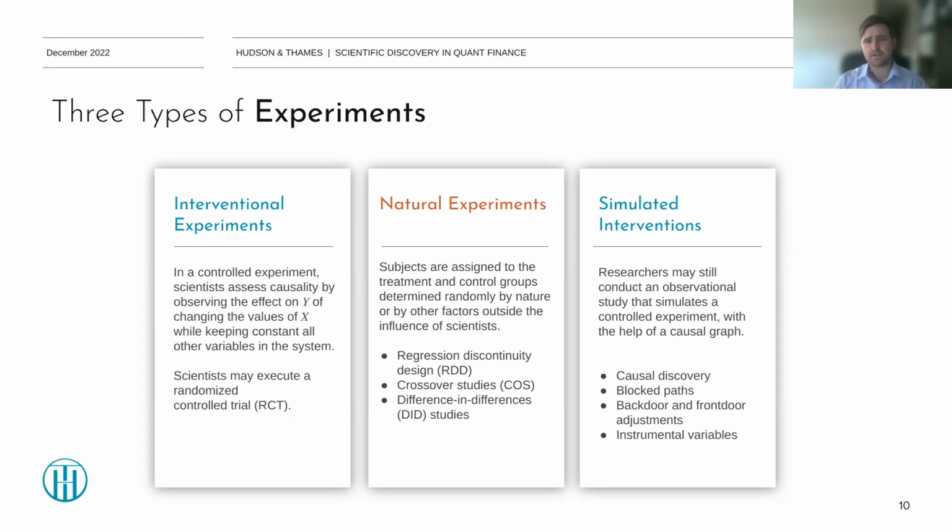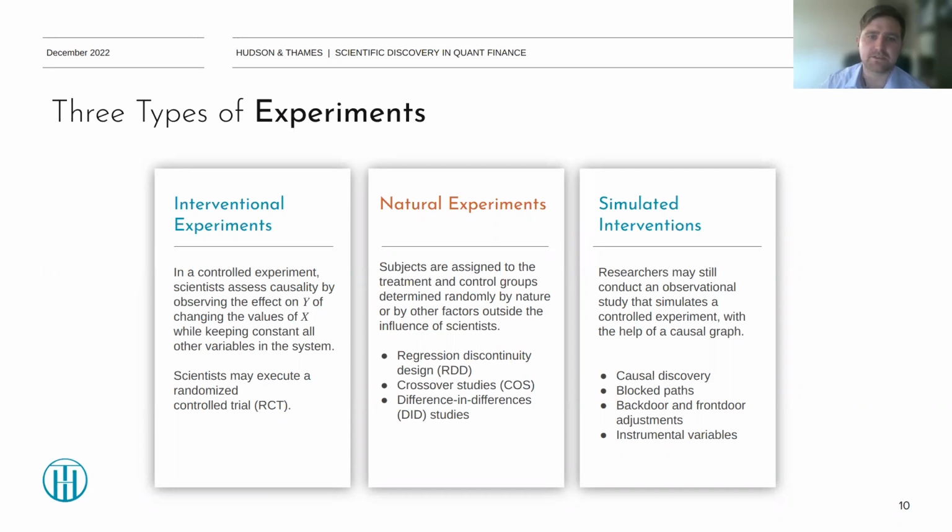Then you also have difference-in-differences studies, the DID. The basic idea of these studies is that you observe the difference before and the difference after, for both the treatment and the control group.